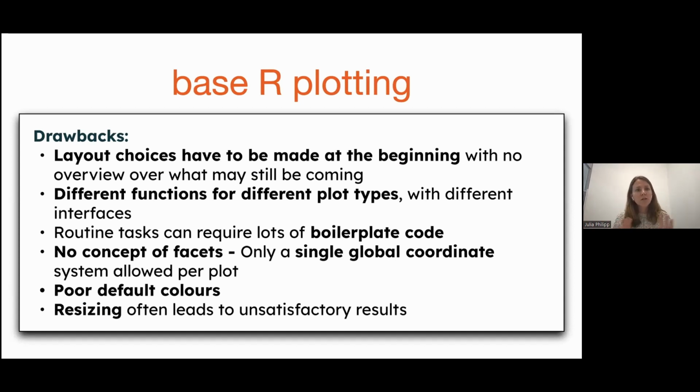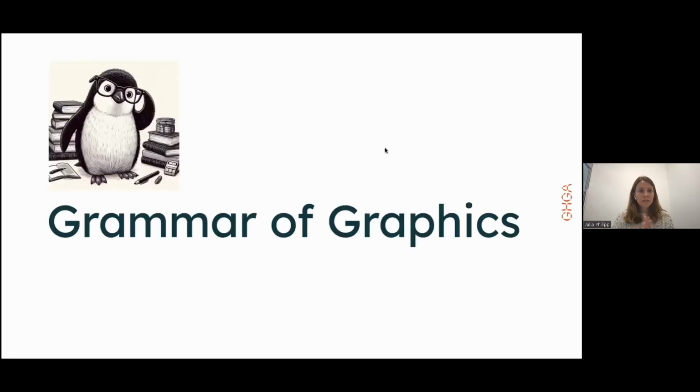But essentially, you can just have one global coordinate system allowed in your plot. We're not super happy with the default colors that we're using, and resizing can be very, very tricky in base R. And for that reason, we have a much more advanced system that we're using in R these days.